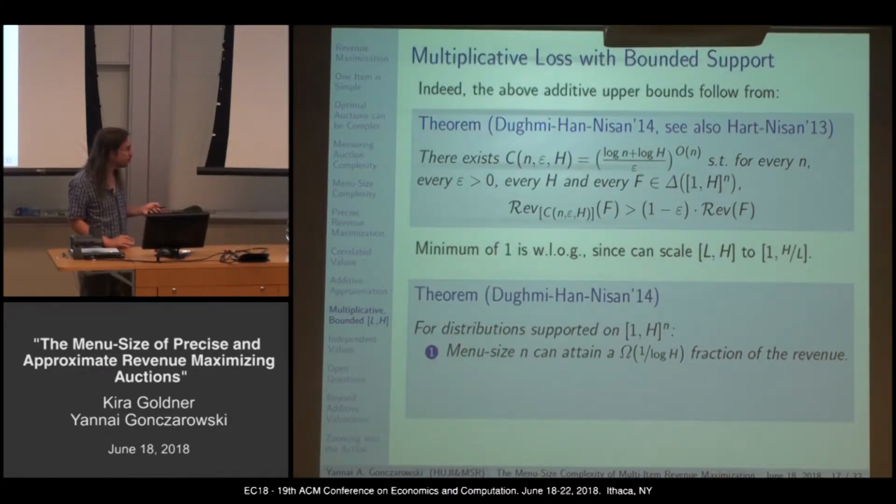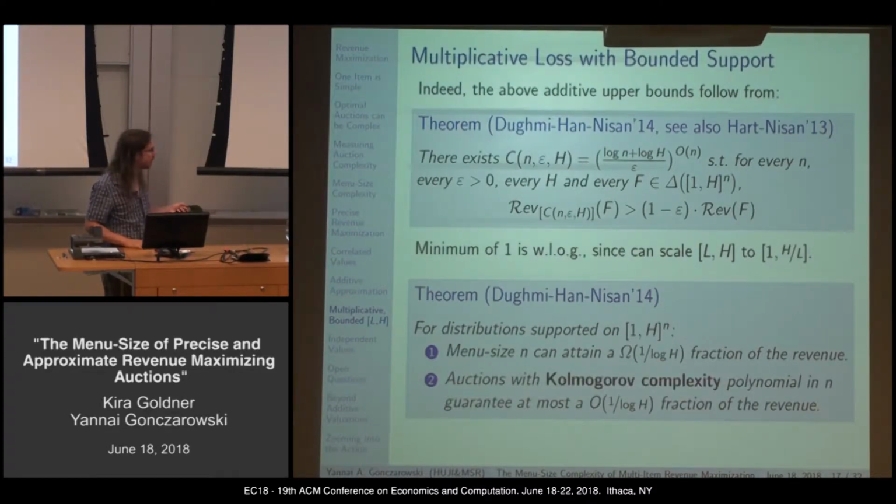For distributions supported on 1, h, once again you can think about supported on L, H for a fixed ratio between L and H, a menu size of n, very small, can attain a 1 over log h fraction of the revenue. On the other hand, auctions with Kolmogorov complexity polynomial in n guarantee at most a 1 over log h fraction. So what does this mean?